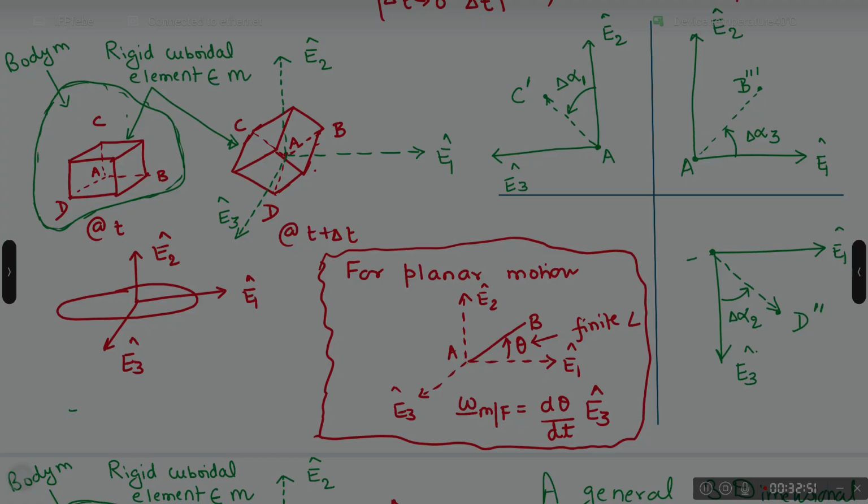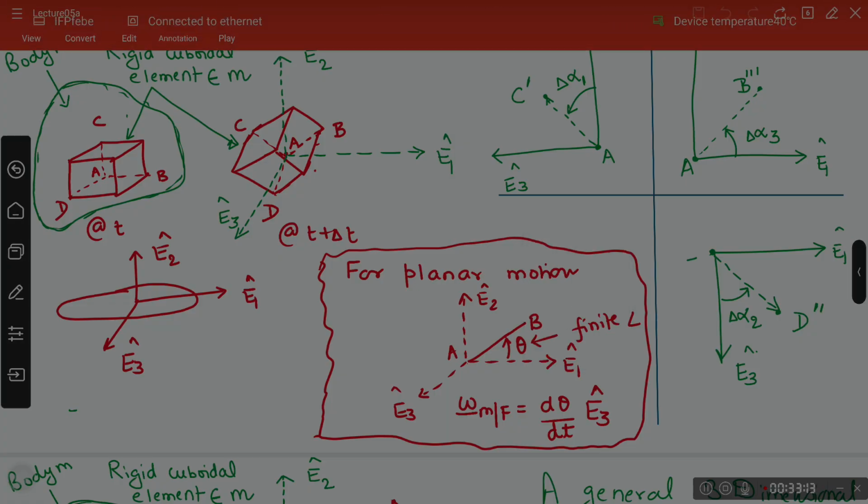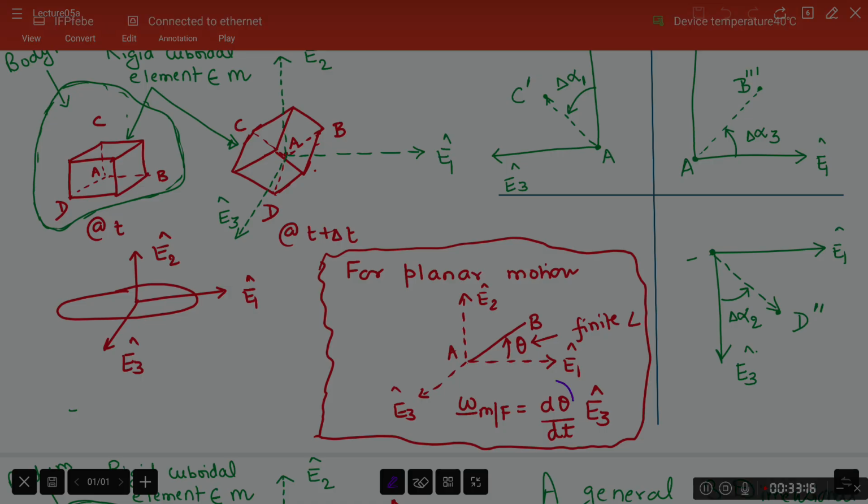In the case of planar motion, suppose the body is AB itself and it is undergoing a planar motion in the plane of A, E1, E2. In this case, omega mf can be written as the rate of change of theta; the scalar part of omega mf will be rate of change of theta with respect to time, and the direction of the vector will be along E3.